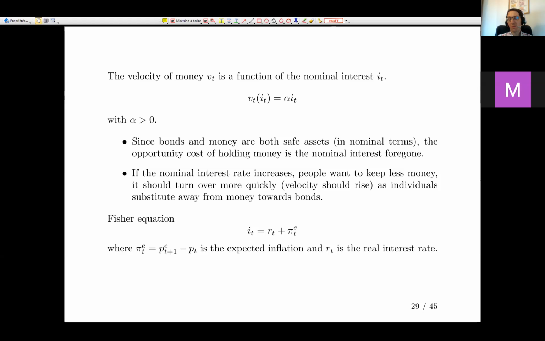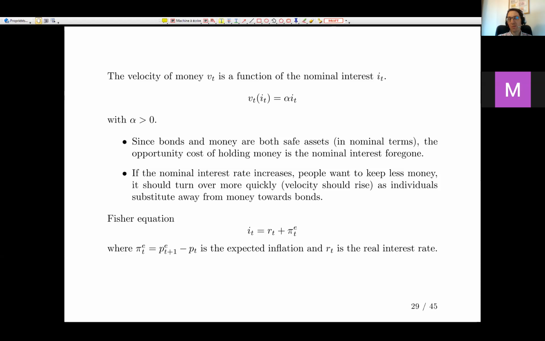There's a market for loans, or financial markets. We don't describe them extremely explicitly, but in the back of our mind, the bank has to give some real interest to convince people to deposit money in the bank, and has to care about the cost of depositing money in the bank, which is the expected inflation.